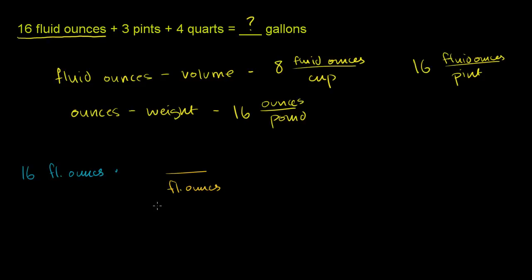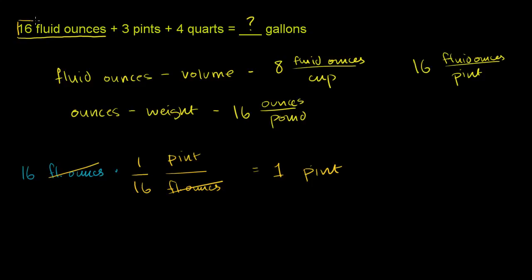How many fluid ounces are there per pint? We want a pint in the numerator so that this and this cancel out. Well, we just saw that there are 16 fluid ounces per pint, or 1/16 of a pint per fluid ounce. Either way, this and this will cancel out. And so 16 times 1 divided by 16 is equal to 1 pint. And we know that 16 fluid ounces is equal to a pint.